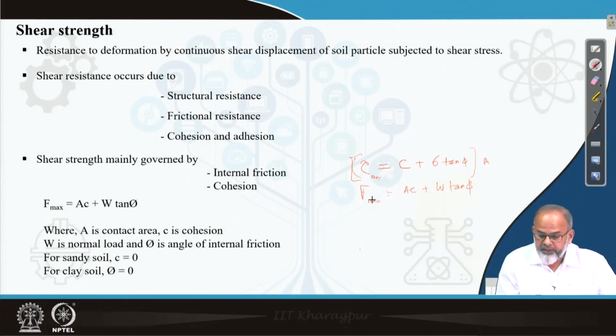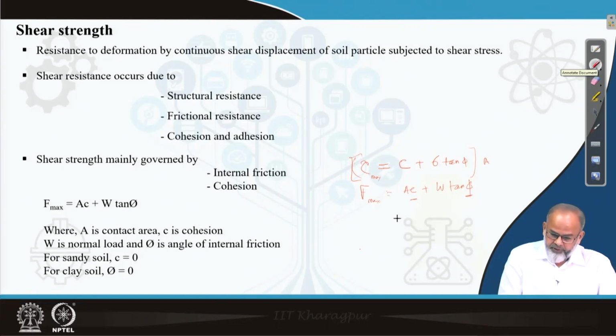In this equation, the maximum thrust developed is a function of cohesion, a function of angle of internal friction, a function of the contact area, and a function of the weight coming on the wheel.